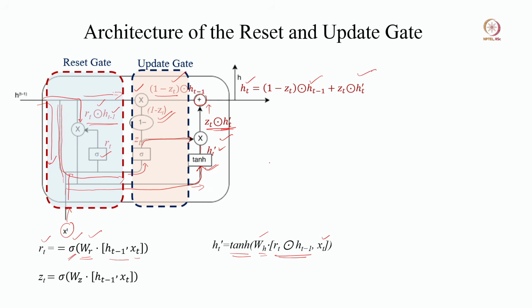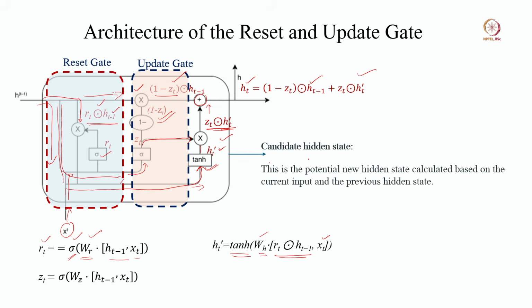Okay. So, this is my updated hidden state, and this is called the candidate hidden state, which is the potentially new hidden state calculated based on the current input and the previous hidden state. Basically, whatever new information we want to add to the previous hidden state is taken care of in the candidate hidden state, and the updated hidden state has this part as well as 1 minus ZT into HT minus 1, which is coming from your update gate.